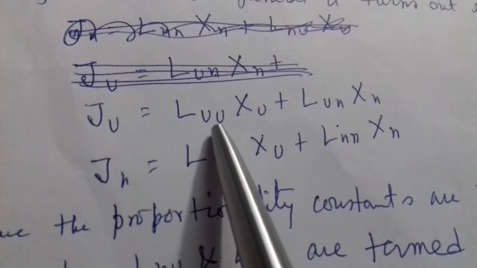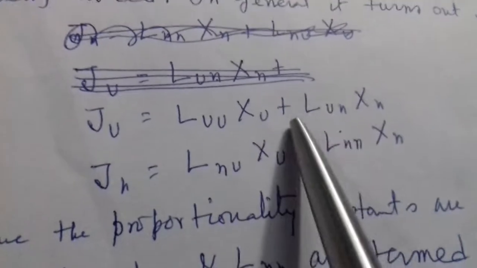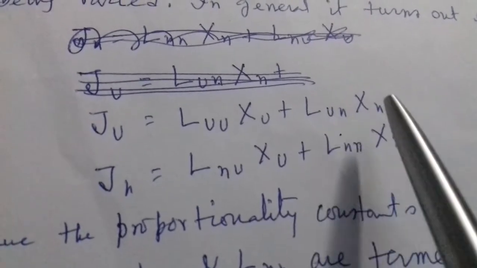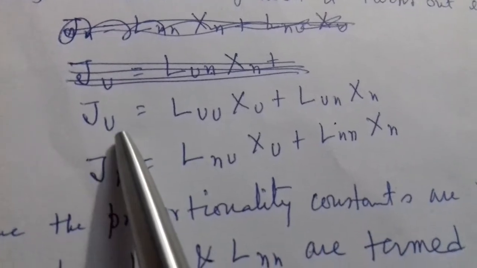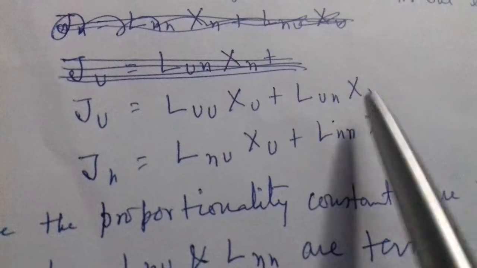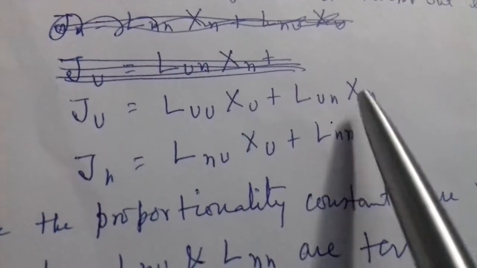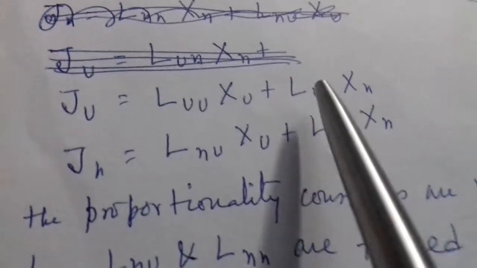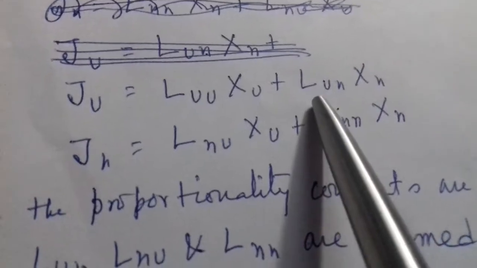So Ju equal to Luu Xu plus Lun Xn, because the flux of energy is not only connected with the force of energy but also the force of matter, because when the matter flows, it also takes some energy, it also takes heat.